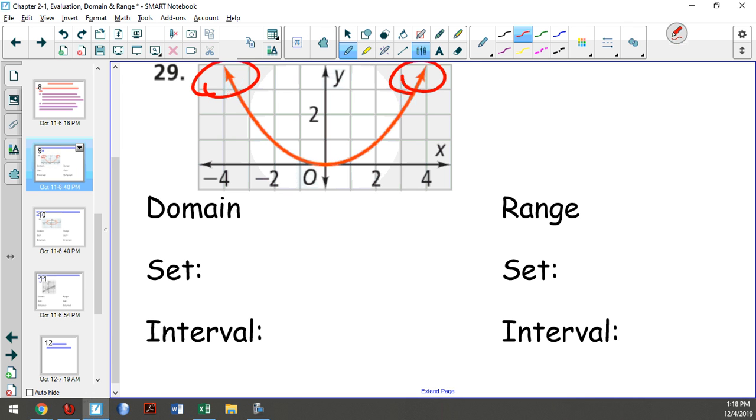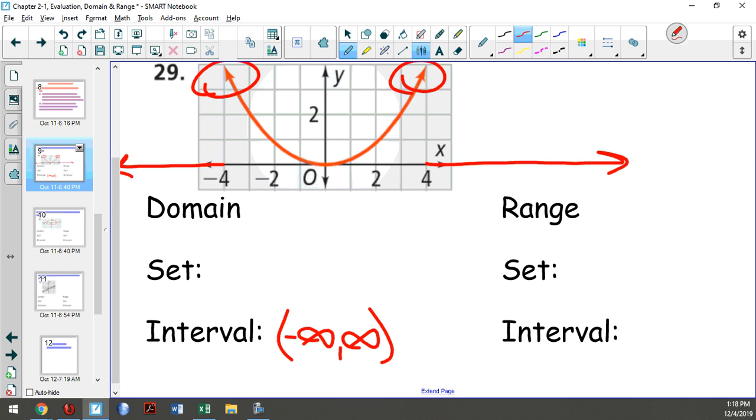It goes on forever and ever and ever. Those arrows mean that it is going to go all the way over here, clear over here on the left side of my x-axis, and it's going to go clear over here on the right side of my x-axis, being positive. That means it's going from negative infinity to where? Positive infinity. So interval notation is going to be from negative infinity to positive infinity. Do we understand that, yes or no? Yes? That is interval notation.